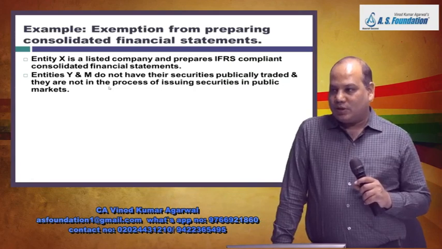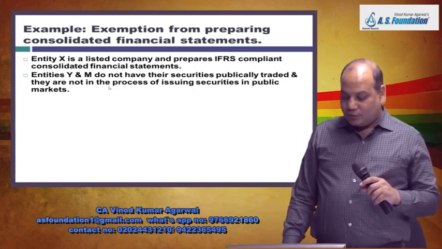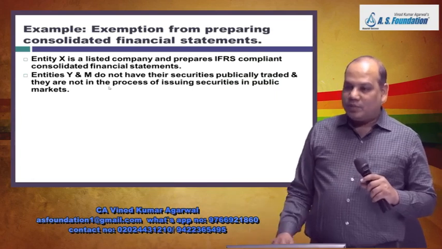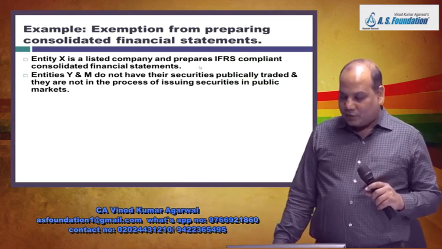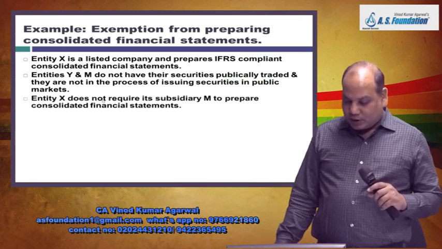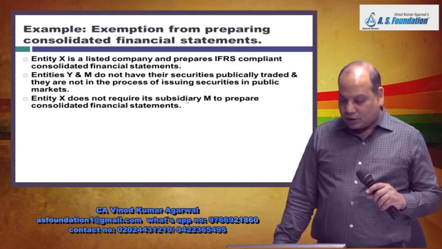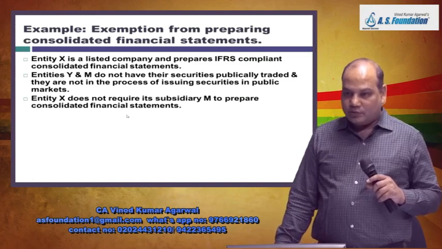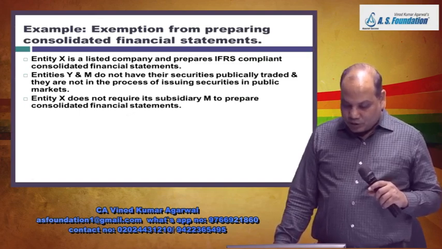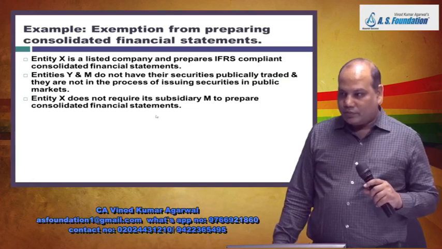You should not be listed. 3, you should not be in the process of getting listed. 4th was your parent company prepares CFS for public use. Entity X, and the first condition is that the parent or the NCI do not require subsidiary M to prepare the CFS. Now tell me whether subsidiary M can be exempted from preparing CFS?